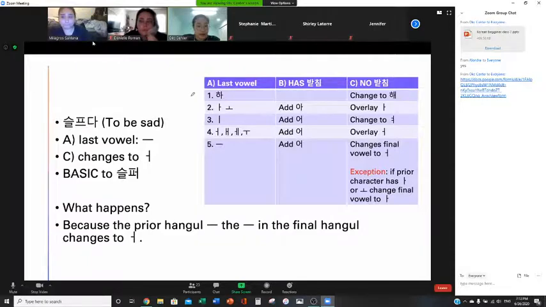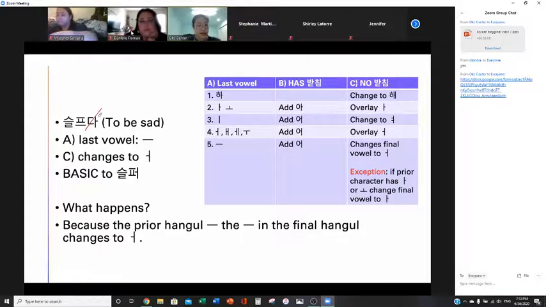슬프다. It also applies to number 5 right here. So 슬프다 right here. You remove the 다, and then you look at the last vowel. It's the number 5 rule, right? And then see if it has a pachim or not. If it has a pachim, it changes, but it doesn't have pachim right here. So therefore, you'll go to C, right?